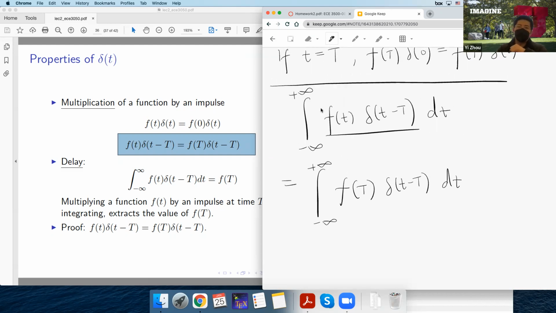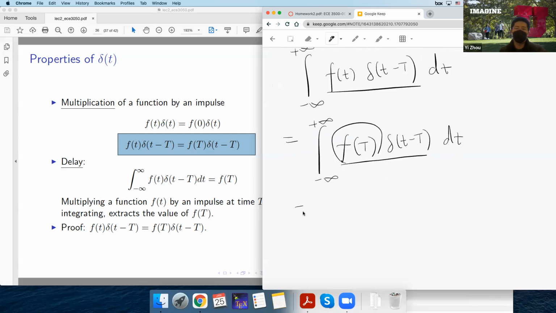And the nice thing is that from the first line, you cannot do any calculations because the integration variable t is involved in both the function f and the function delta. And you don't know function f, so you cannot do any calculations. But once you leverage the special property of delta and simplify this product into this one, now this f is a constant because here we only have f evaluated at a fixed time capital T. So now this becomes a constant, so we can pull this out.